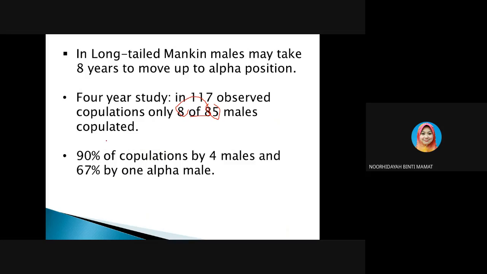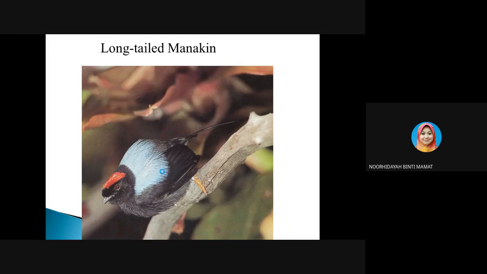This shows that normally only the alpha male gets to mate. 90% of the copulations were by the alpha males, and 67% by one alpha male. So normally only alpha males get higher rates of mating, right? This is the long-tailed manakin.